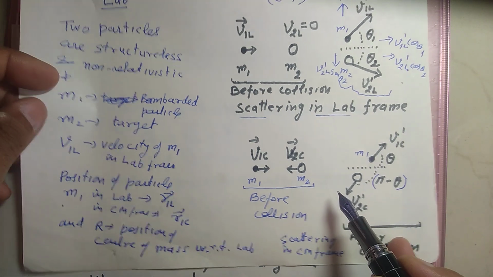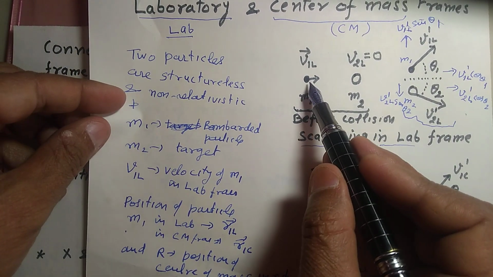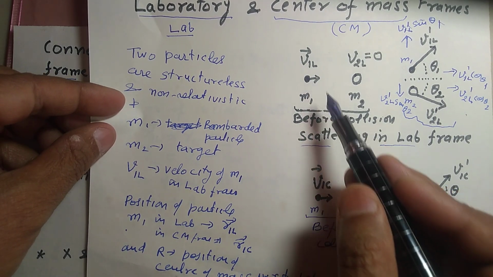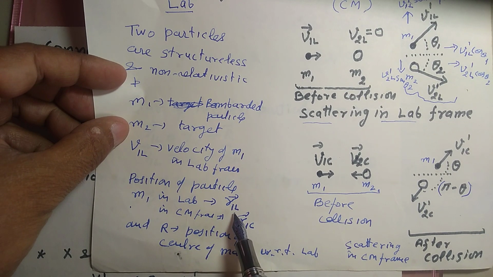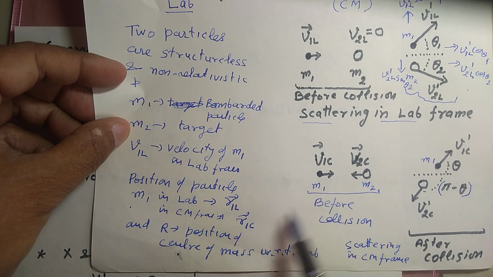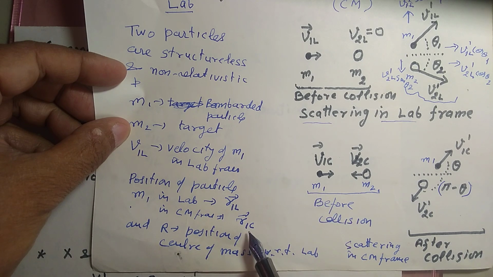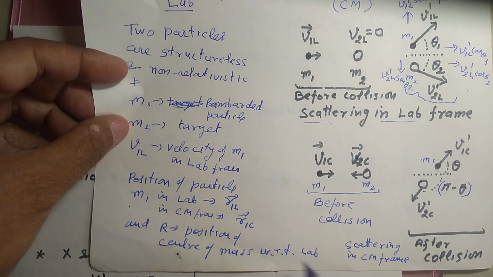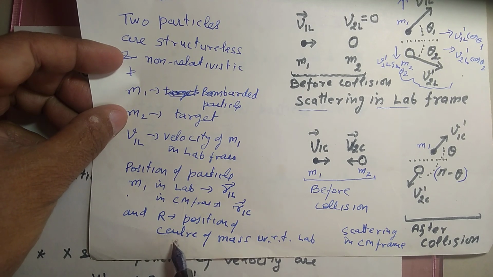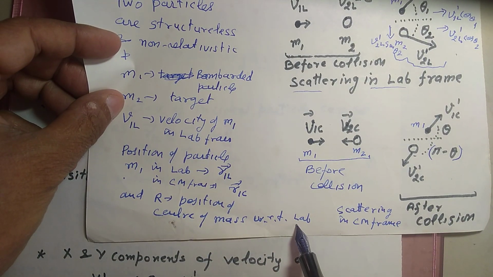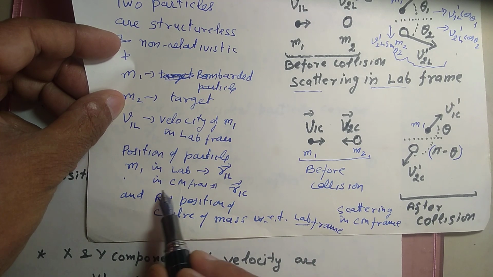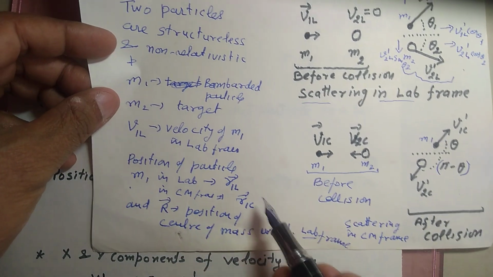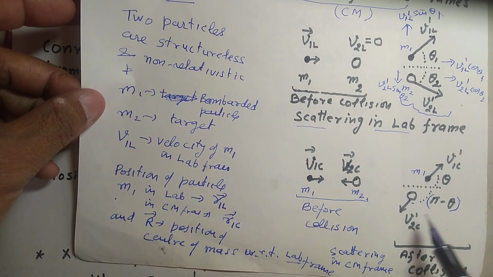We also consider the position of particle m1, represented in the lab frame as r1l, in the center of mass frame as r1c, and the position of the center of mass with respect to the lab frame as r. So we already know the positions, their respective velocities and their components.